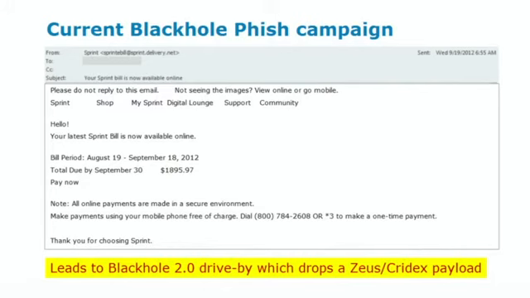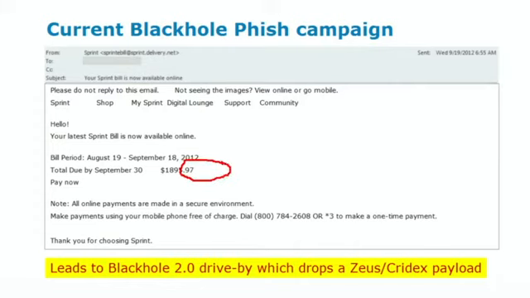And related to this, I know I'm really rambling away here, but there is a current campaign going on within the past day and a half or so. We've seen this before. It's probably the same guys just using a new version of the Blackhole Exploit Kit, but it's basically saying your Sprint bill is now available online. We've seen them do it with AT&T as well and Verizon. Again, these are not from Sprint, Verizon, or AT&T. They're sending a fake bill to you with a very large amount.